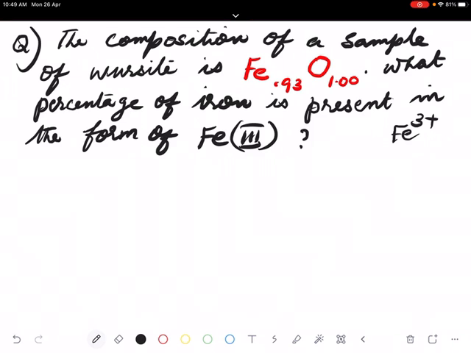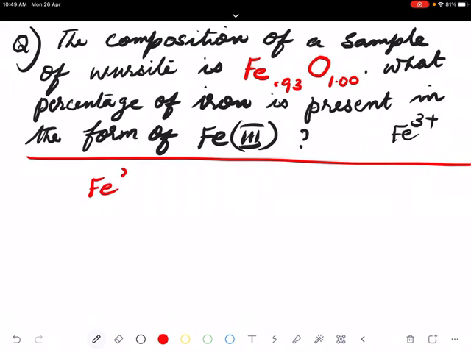So looking at the formula, we can come to know that iron is deficient. So there are Fe2 plus and Fe3 plus ions. From this formula FeO, O is 2 minus, so Fe is plus 2. Now what happens?